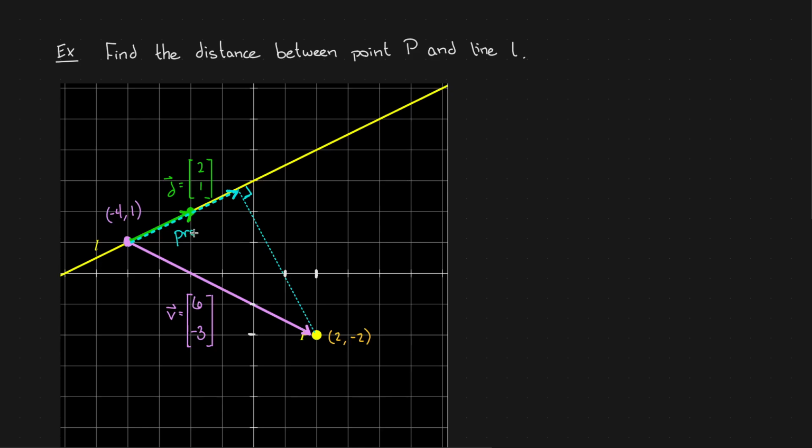So this would be the projection of vector V onto vector D. And what that does is it tells me where the point is that I want to go to, where the point is I want to measure the distance from. Okay, so let's find that. Let's find the projection vector of vector V onto vector D.